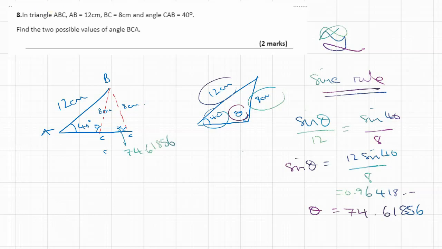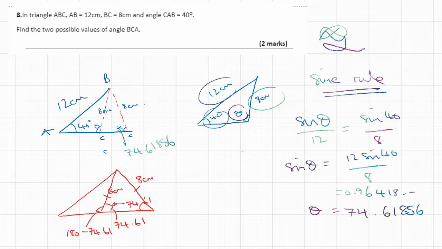I'm going to draw this diagram out a little bit bigger, because the way I'm going to explain this, it's going to help if it's drawn bigger. So we know that is that. These lines are both going to be 8 centimetres, so it's actually an isosceles triangle. So this angle is the same as that. That's also 74.61. So this angle is 180, take away 74.61. You can also look at it through your sine graph, but if you can just use some basic angle rules, why not?